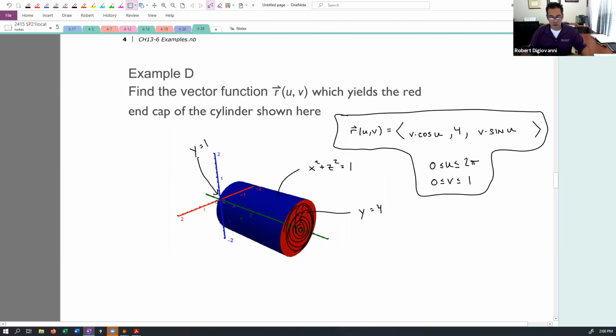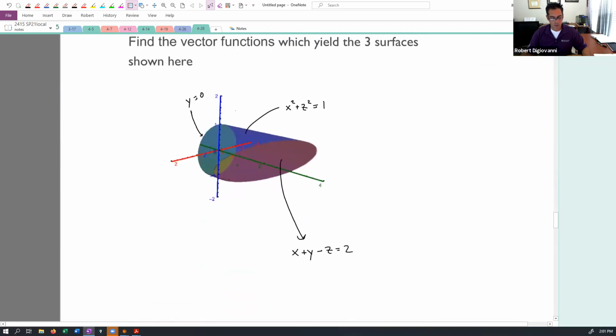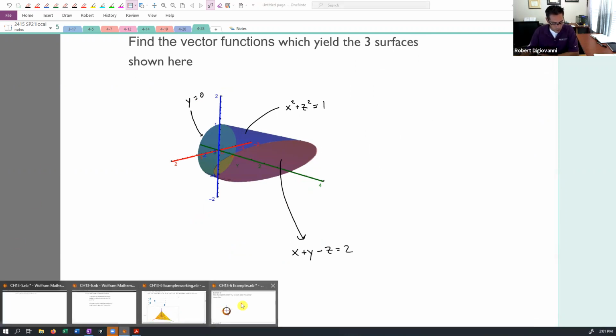Okay, we good? I'll move on. Three surfaces here. Let me show it to you on my computer program first.